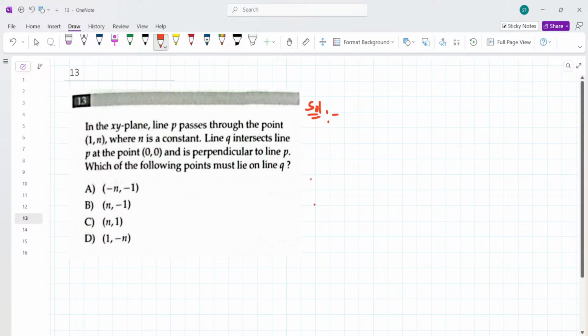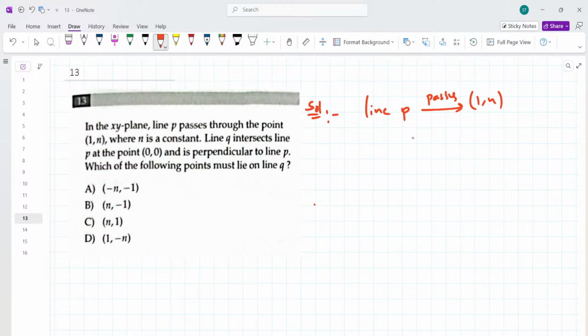Okay, I'm back. So here in the xy plane, line P passes through the point (1, n), where n is a constant. Line Q intersects line P at (0, 0).